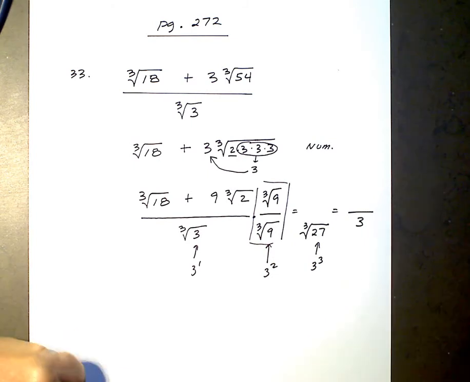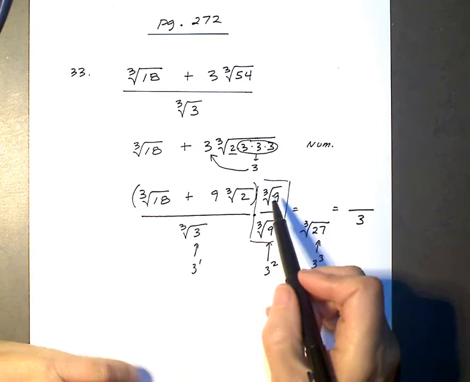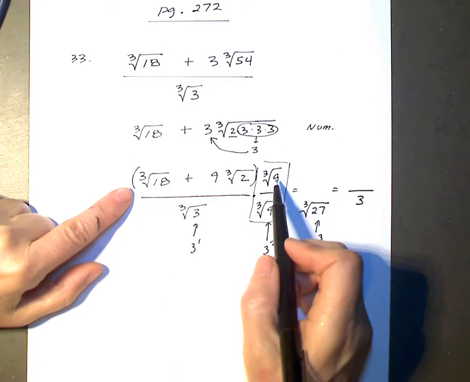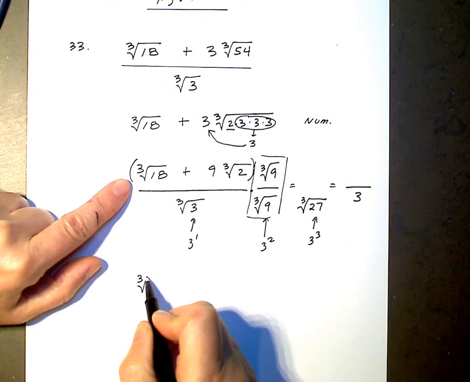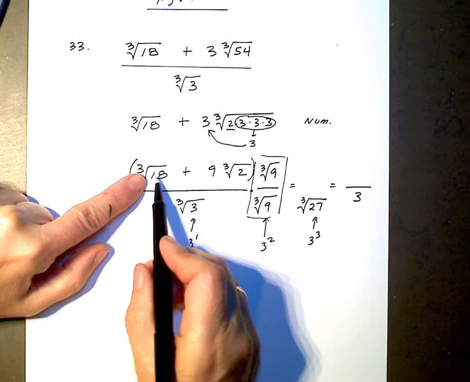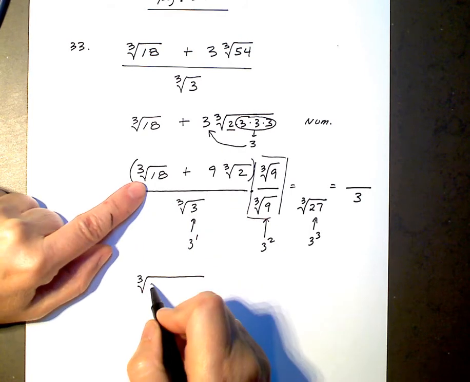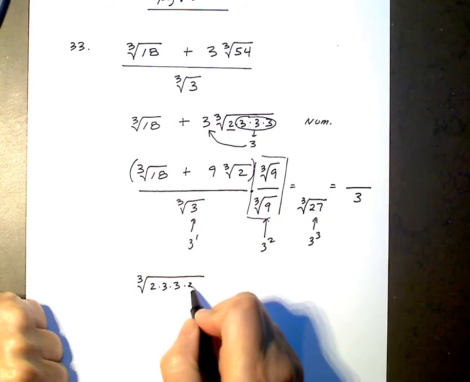So anyway, in the numerator I have to distribute that. So I'm going to actually take it down a line again here. So cubic root of 9 times cubic root of 18 is 3 times the cubic root of. So I'm going to start taking this down to prime. So this is 2 times 9, 18, so 2 times 3 times 3. And this 9 is 3 times 3.